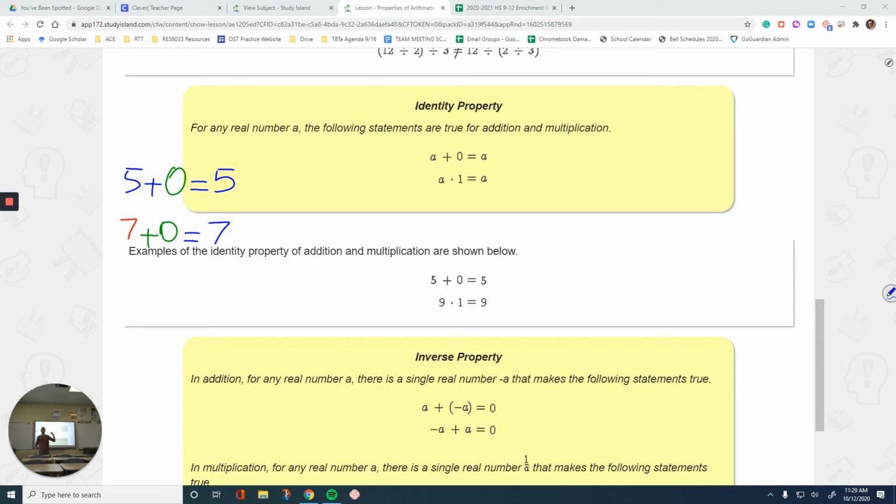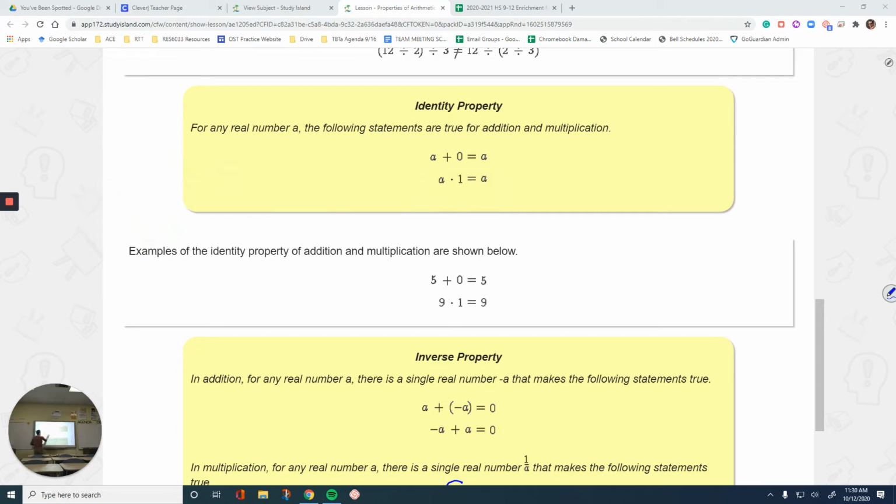The identity of multiplication is 1, whereas identity of addition is 0. So that's why you have times 1 in there. When you multiply any number by 1, the answer would be equal to that number that you had originally. That's what identity property is.